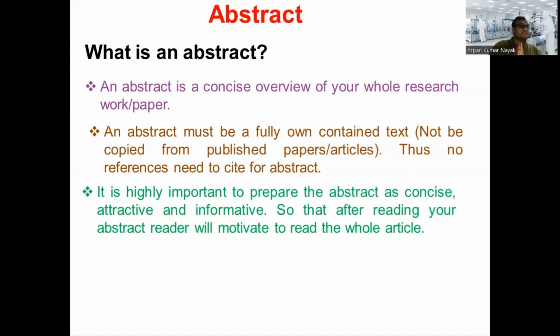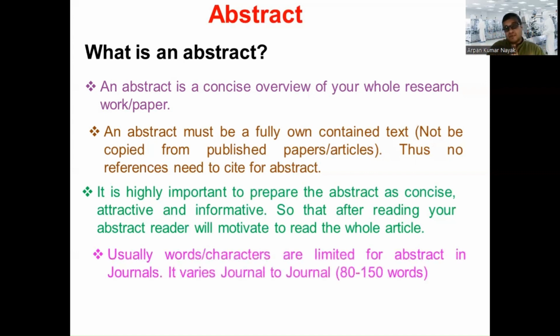That's the reason in an abstract, we don't have to include any citation or any references. So in the abstract section, there will be no references or no citations. So now we can understand the importance of an abstract. So we have to make it concise, attractive, as well as informative.